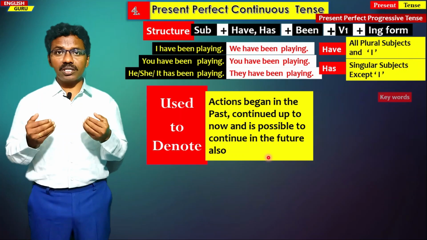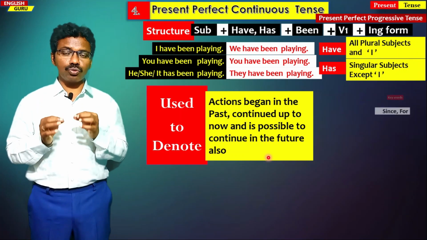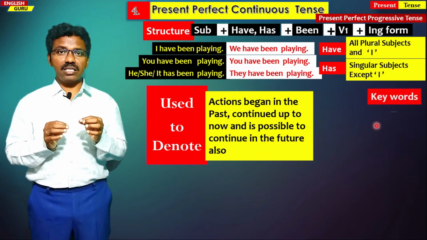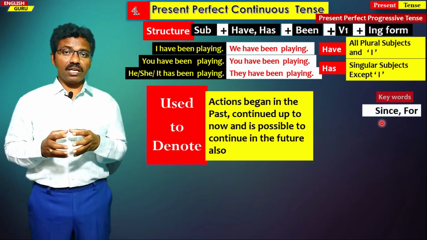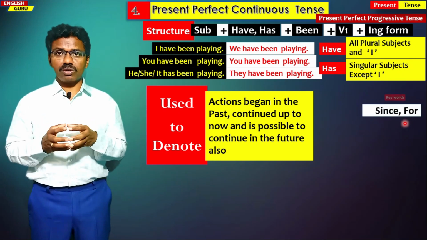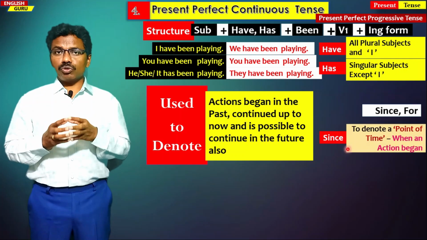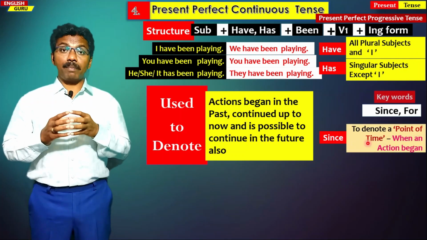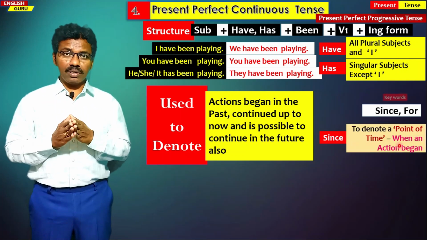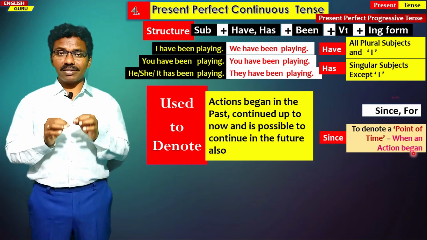And one more important thing, there are two keywords here. They are since and for. Basically these two words are prepositions. Since is used to talk about or to denote a point of time, that is when an action began in the sentence.